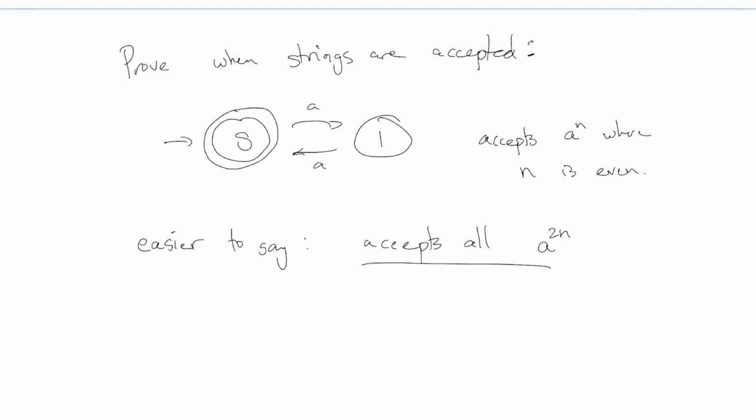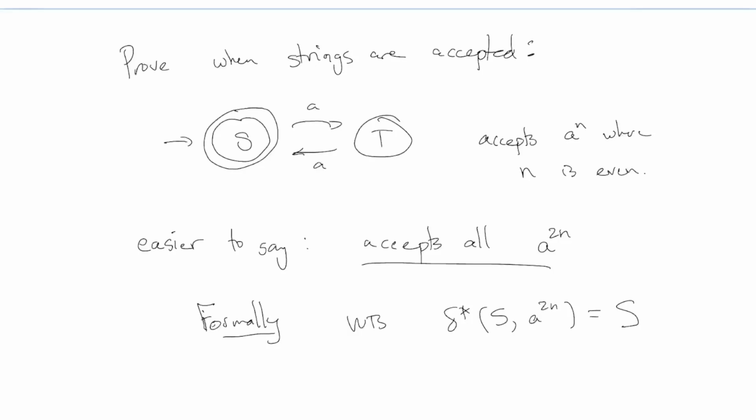Maybe I'll call them S and T. Formally speaking, and this is what you have to do when you're doing these problems on the homework, you are going to have to translate the scenario that's written usually in words into a formal statement using the deltas. Formally speaking, what I'm trying to show is that delta star of S and a to the 2n equals S, all right?